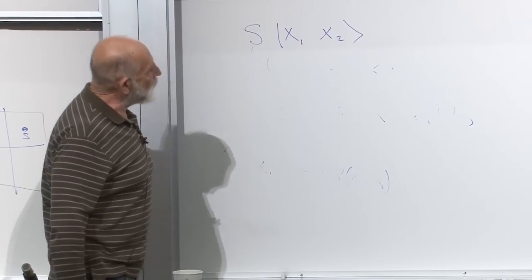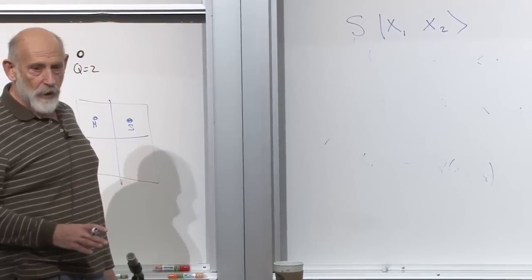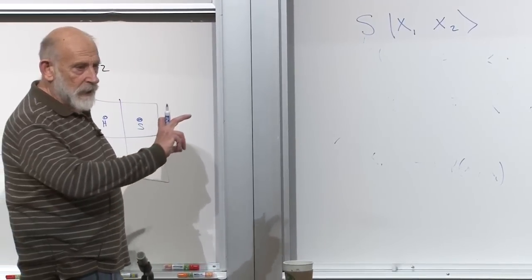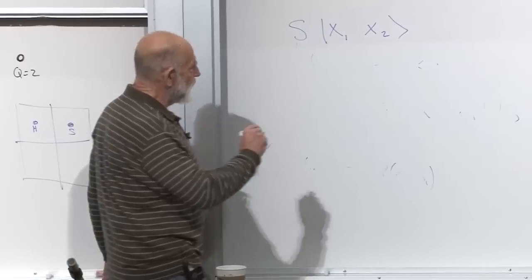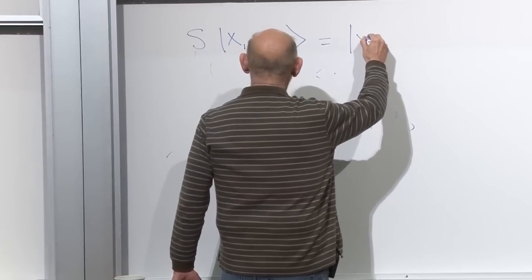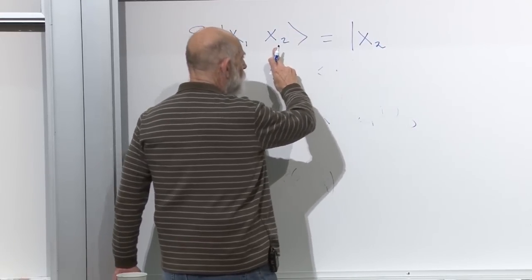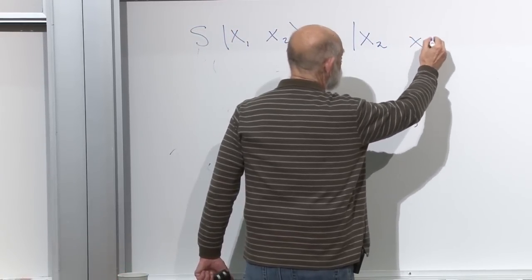What does the swap operation do when it acts on a particle at position 1 and a second particle at position 2? It just swaps them. It gives you particle 1 at position x2 and particle 2 at position x1.